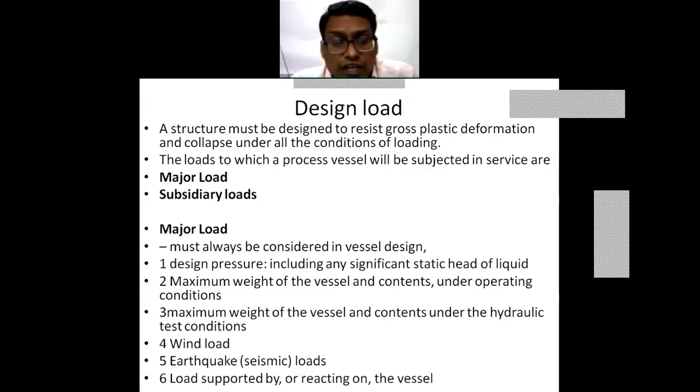What is the wind velocity, whether it is surrounded outside or inside the building, and depending on that, the wind velocity, whether you are on the seashore, all these considerations are to be taken. Then the earthquake loads: whether it is in a seismic zone or a stable zone. Based on that, my design should also be taken care of.